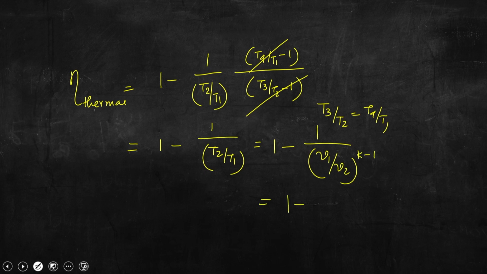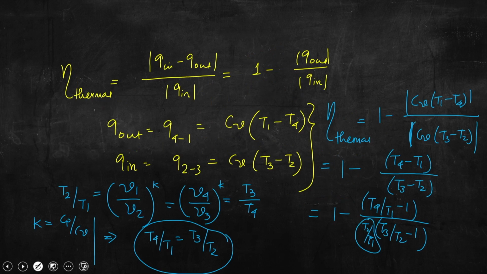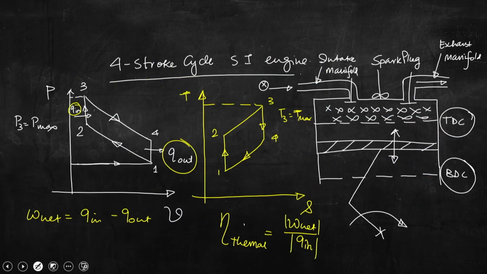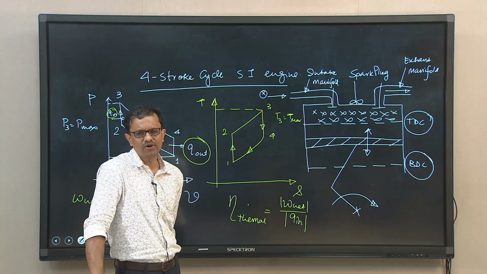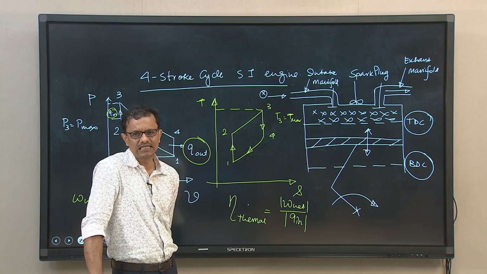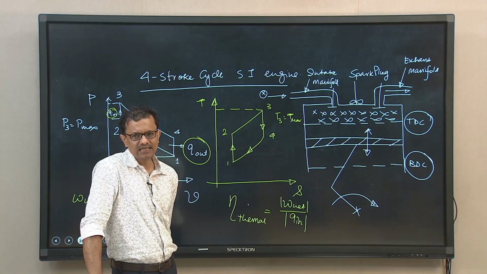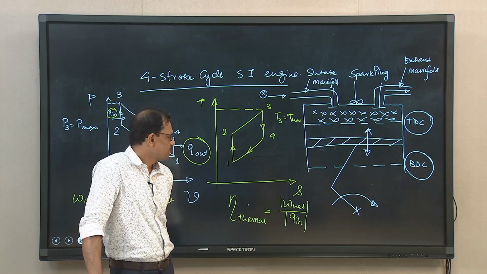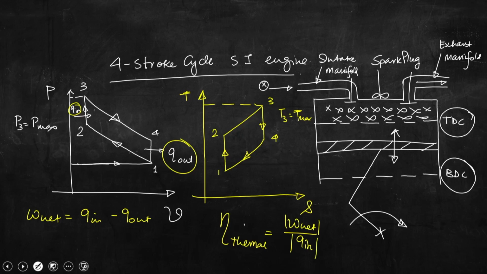So, this is known as compression ratio power k minus 1, because V1 is the volume when the piston is at BDC, and V2 corresponds to the volume when the piston is at TDC. So, this VBDC by VTDC is known as compression ratio, right.